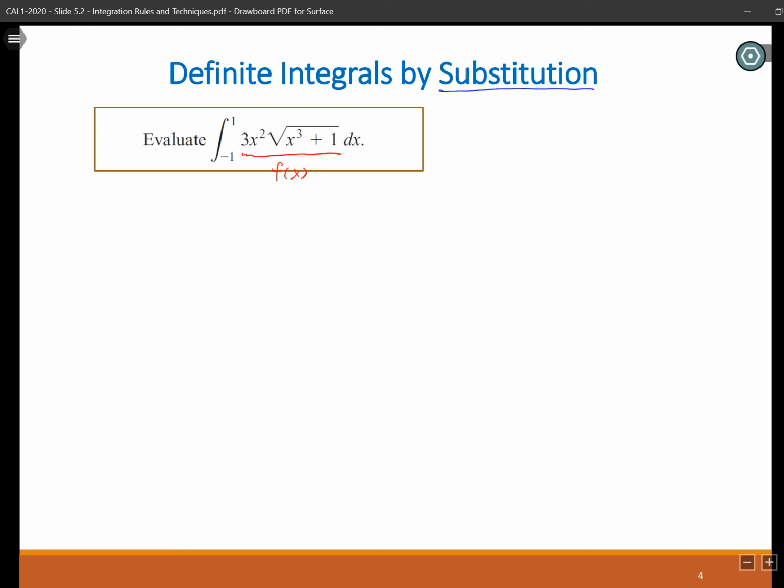And as you can notice here, this is not something that is in the basic formulas for integration. We have x squared, we have x cubed, we have a square root. As you can see, we have lots of things going on, and this is too complicated to do directly in our head, right? Maybe some of you can, but just assume that this is hard.